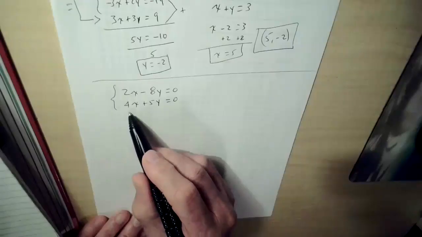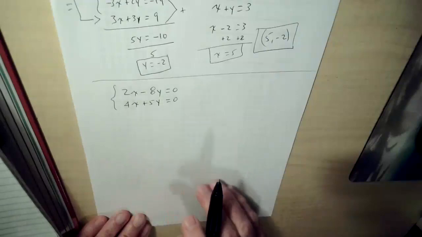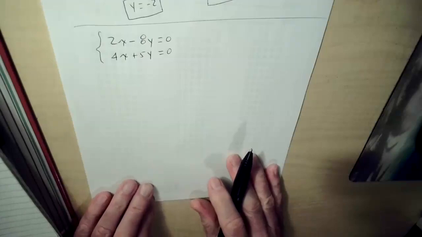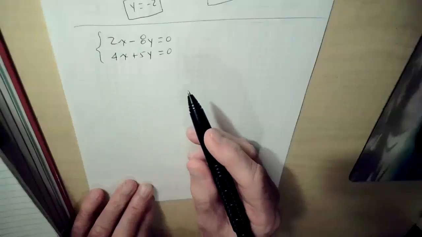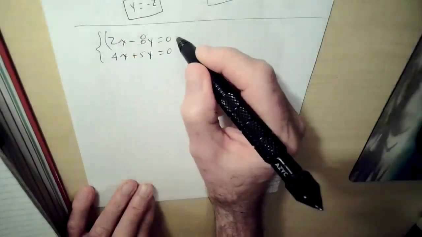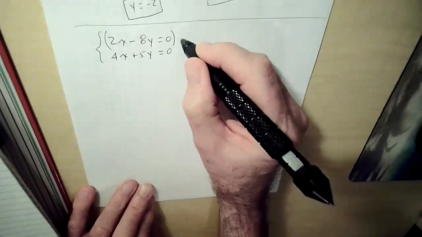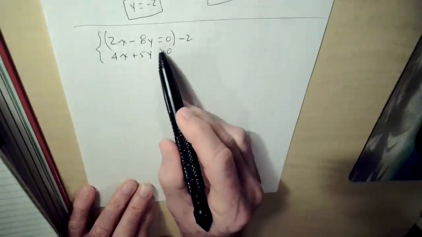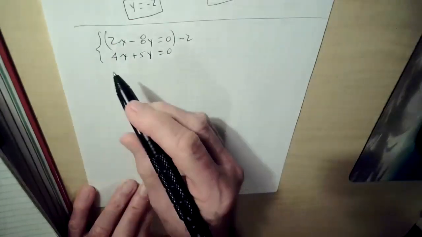So now what we want to do is change this 2x into negative 4x. Am I right or am I right? We're going to multiply this one by negative 2.